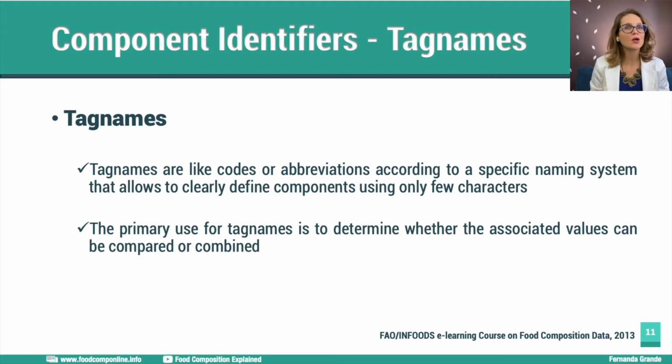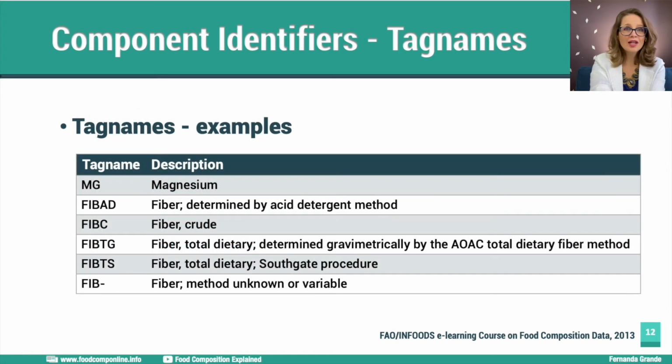It means that the components are equivalent and can be directly used in the intake estimations. Here I'm bringing some examples of tag names. For magnesium, we have only one tag name available, meaning that only the common name, as I previously explained, is enough to define the component, just like the example I gave for calcium.